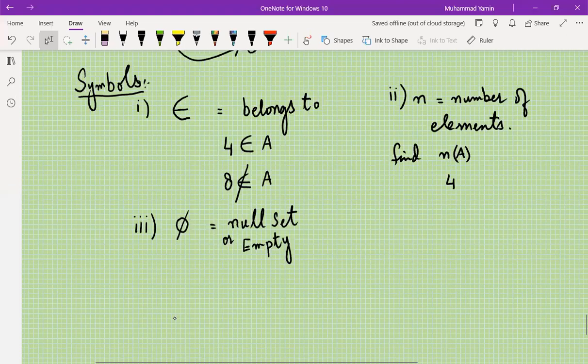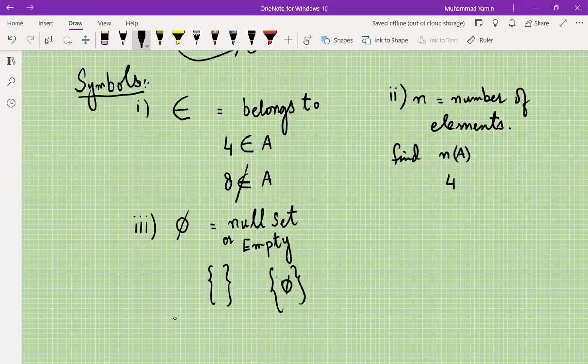Instead of the symbol, we can just put two brackets like this also. But just keep this in mind that we cannot have this here. This is wrong. These two are the correct statements.